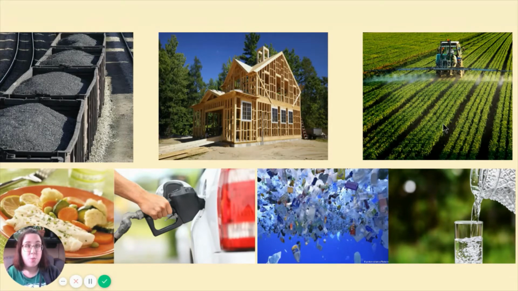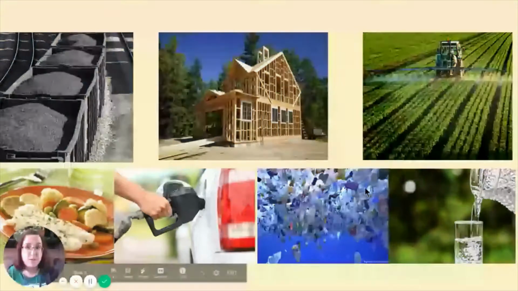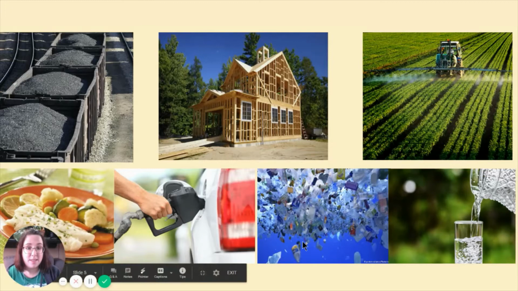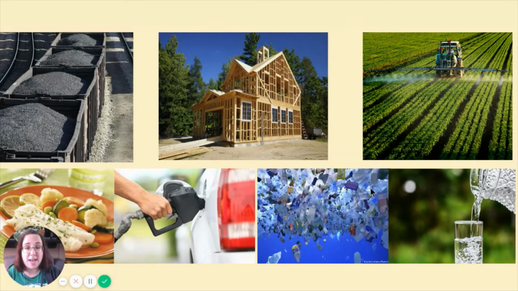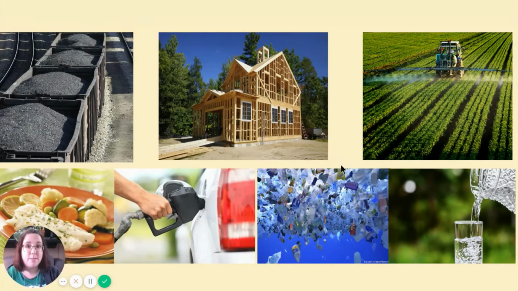Sometimes we use way too much plastic, and even if I'm very careful, there is a chance that if plastic is littered or ends up in our garbage and not recycled or reused, then it can end up doing something like this. Plastic that we use all the time is something that maybe we don't realize we might be using too much of, as well as using too much water or wasting water and forgetting to turn off the tap when I'm done.